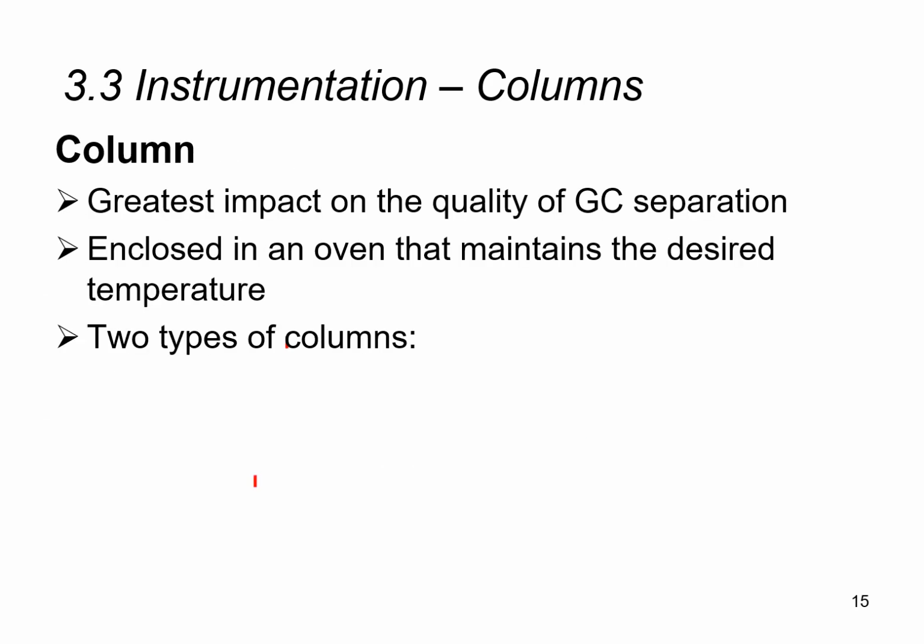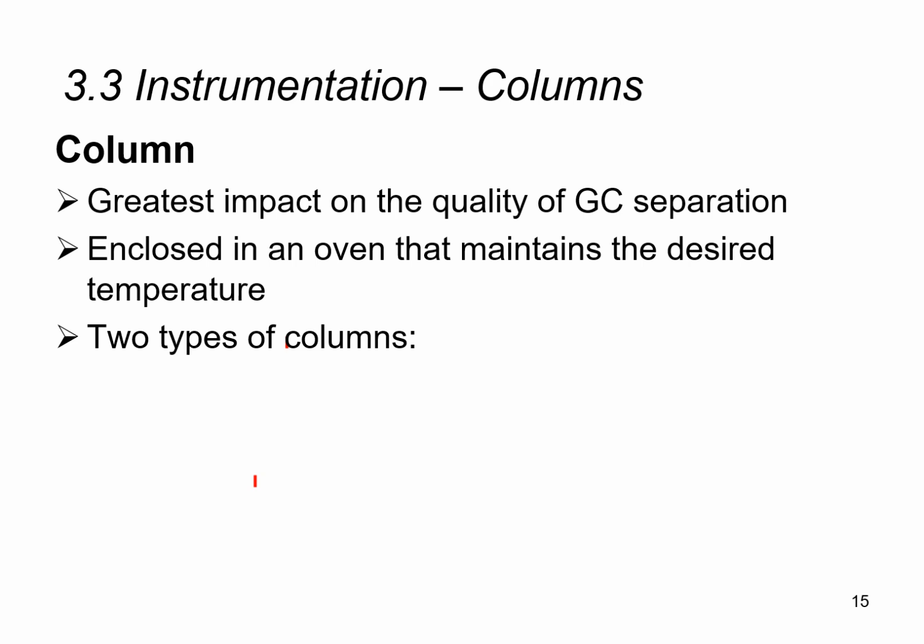Now, the column is really the heart of any GC instrument, and it's really important to understand how the column functions, as we explore different types of columns. One thing about the column is that it is enclosed in an oven that maintains a certain temperature, and the reason for this is that temperature affects the retention time of chemical components.